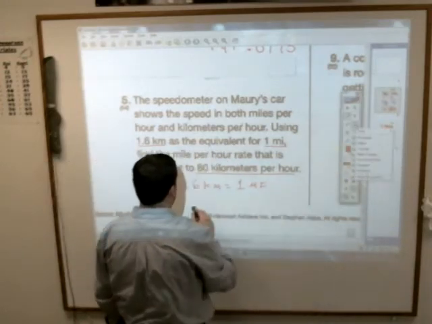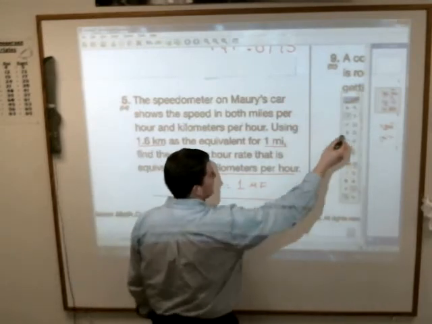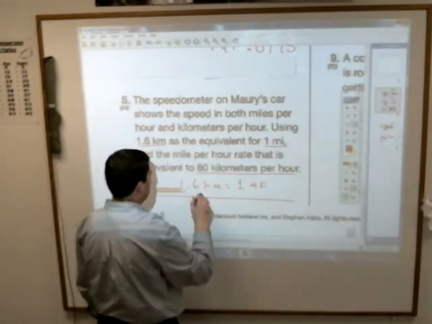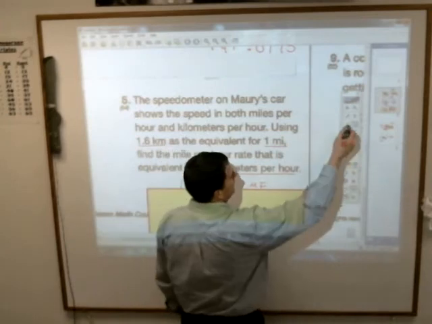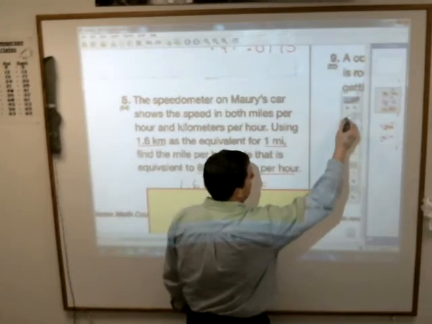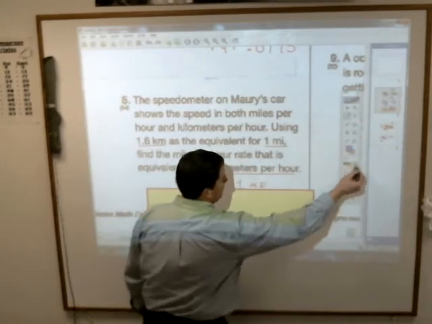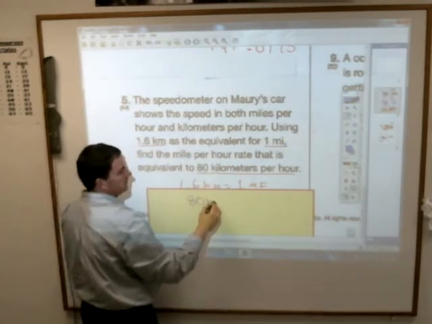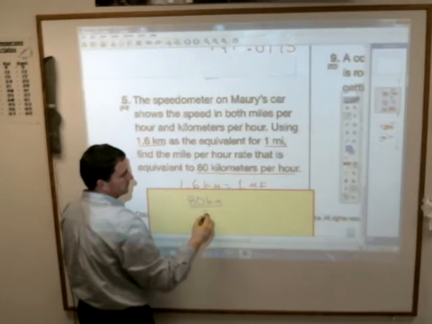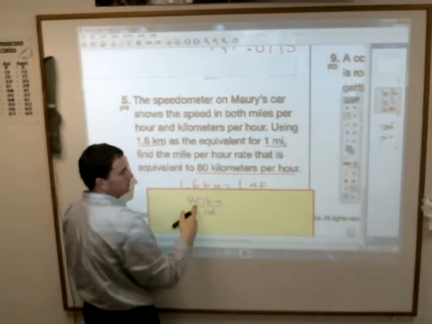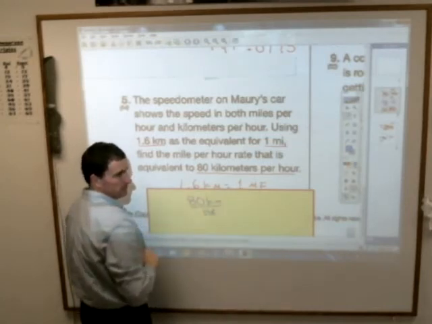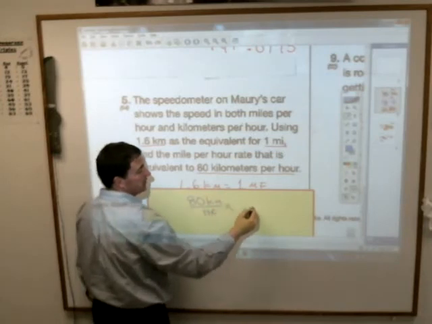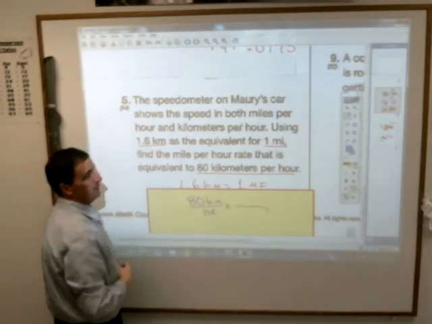So you are asked to convert, you need to change 80 kilometers per hour into miles per hour. So you need to multiply it by the unit multiplier that'll make kilometers cross off.